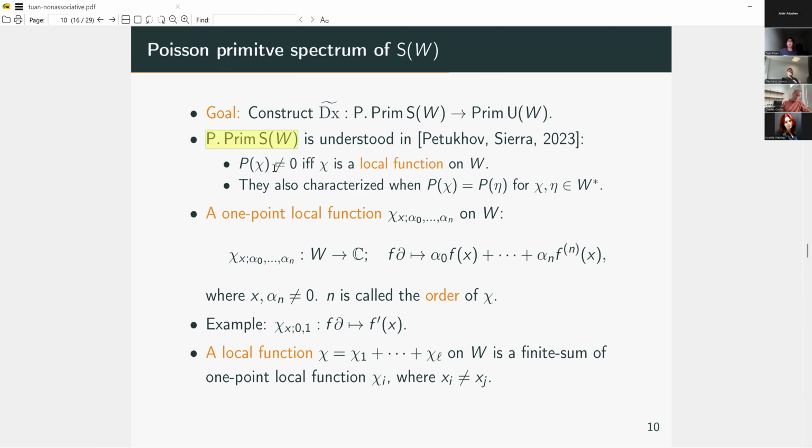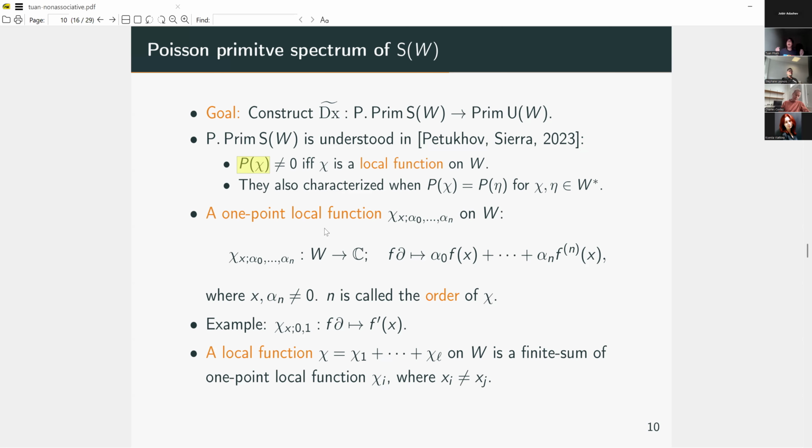This Poisson primitive spectrum is really well understood in a paper by my supervisor Susan Sierra and her collaborator Alexey Petukhov in 2023. They prove that in particular this Poisson primitive ideal P_chi is non-zero if and only if chi is a local function on W, which I'll define below.